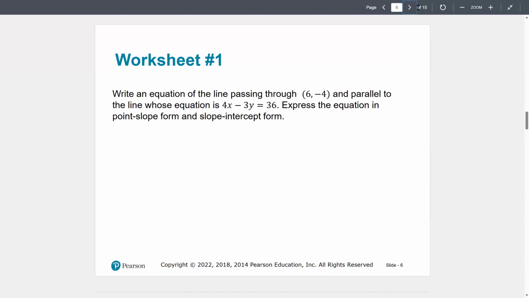So your first problem on your worksheet is we want to write the equation of a line passing through the point 6, -4, and parallel to the line whose equation is 4x minus 3y equals 36. We need to figure out what the slope of that line is, and then express the equation in point slope form and slope intercept form.